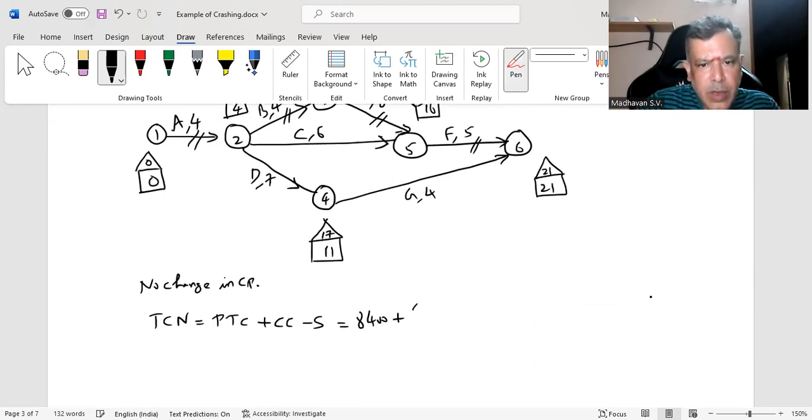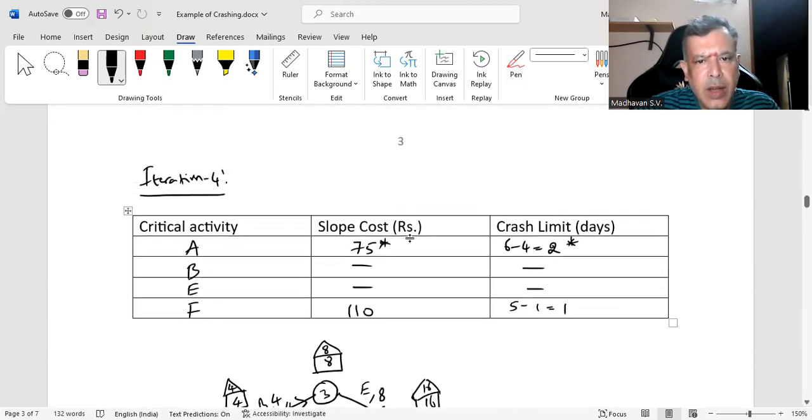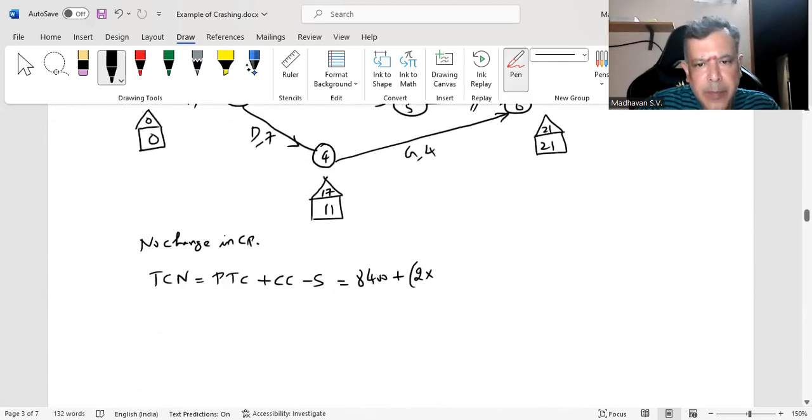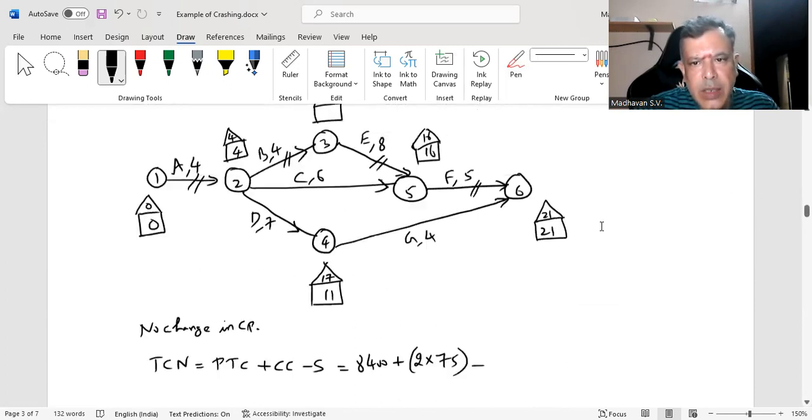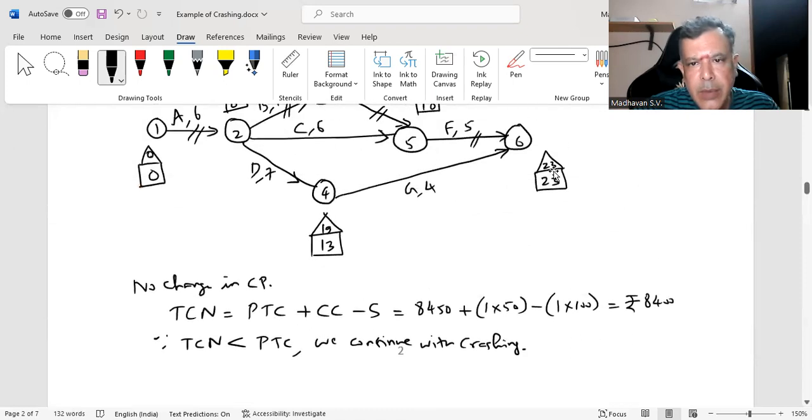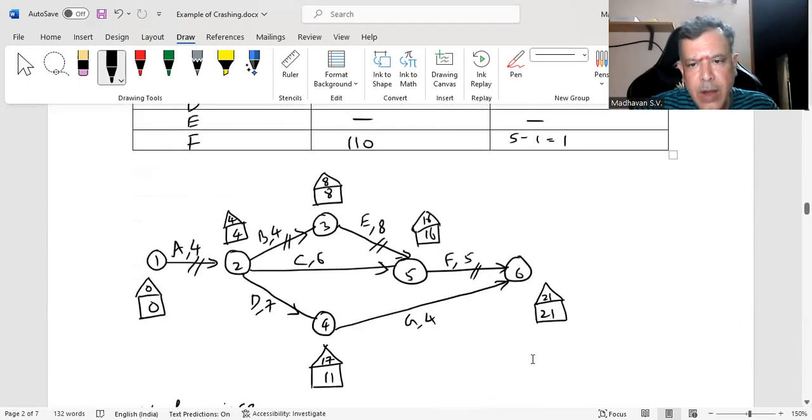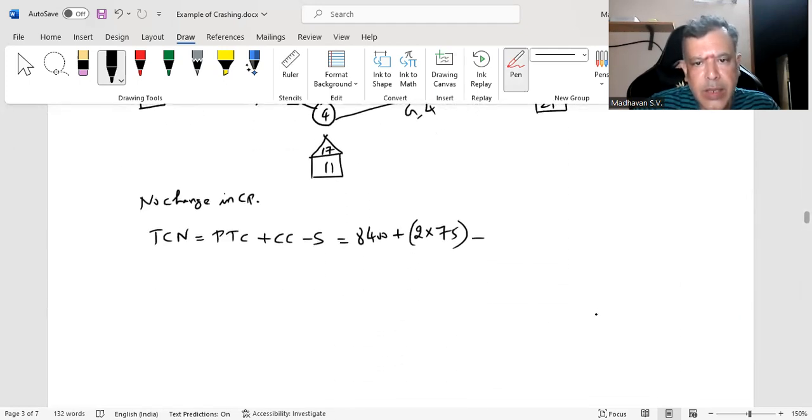plus crashing cost. We actually crashed 2 days for activity A. Activity A, the cost is 75 rupees per day. Minus, you saved 2 days. Reason is, earlier it was 23 days. Now it has gone down to 21 days. You saved 2 days. So 2 multiplied by 100, which means this is 150, this is 200.